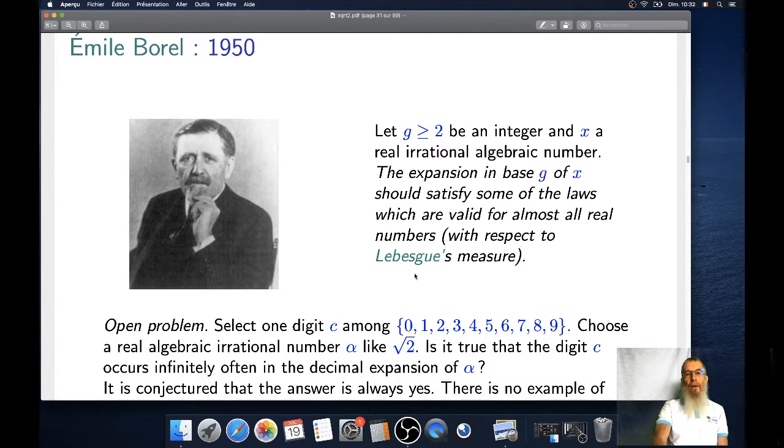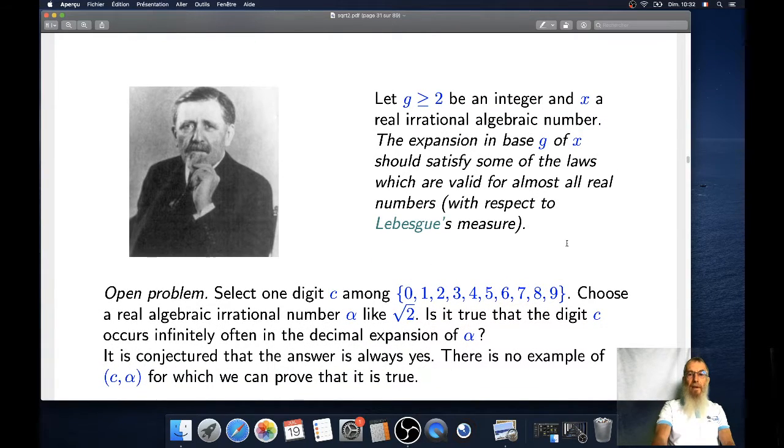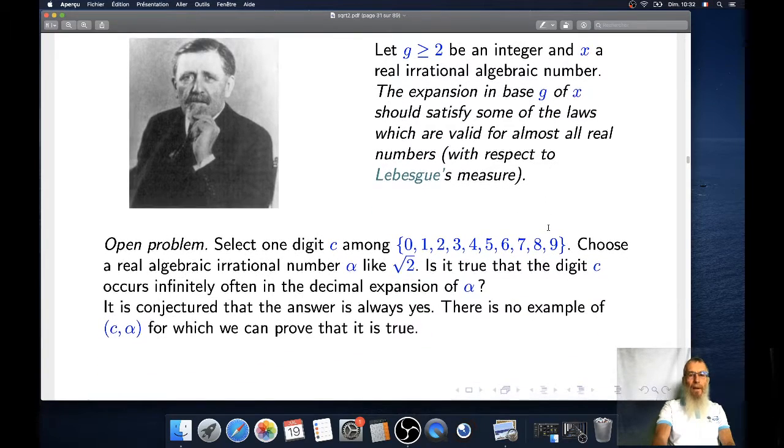If you prefer, you take the binary expansion of square root of 2, and we know a very large number of binary digits, and you take a sequence of binary digits, you can use it safely as a sequence of random numbers. But this is a conjecture, and very few things are known about that. If you, for example, ask whether the digit 7 occurs infinitely often in the decimal expansion of square root of 2, we do not know.